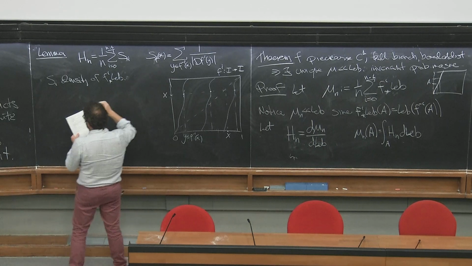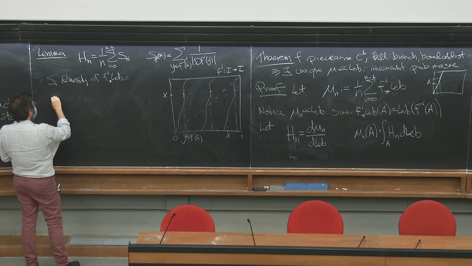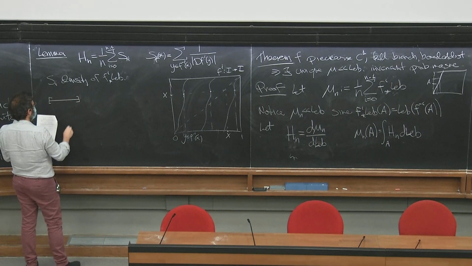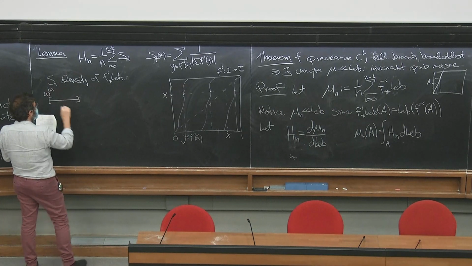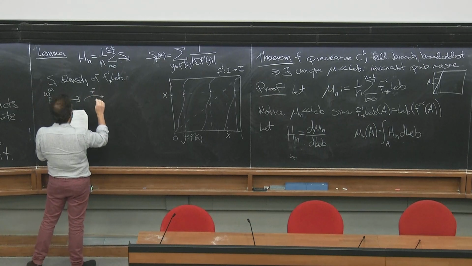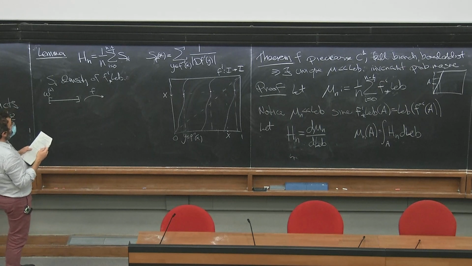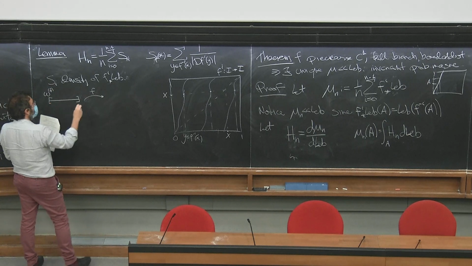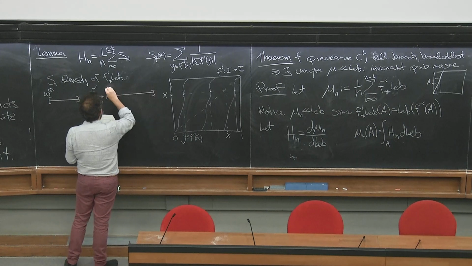So this is the part that we need to prove mostly. And so I'm going to do it like this. So remember that we have some interval omega n, maybe I should call it I, it doesn't matter, that Fi maps to the whole interval 0, 1.